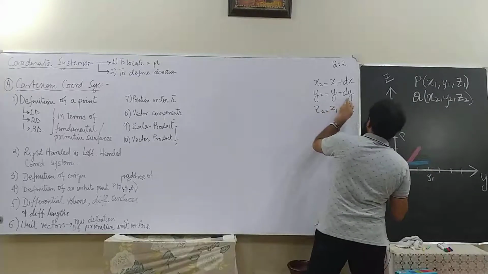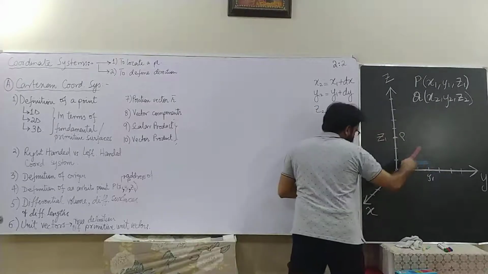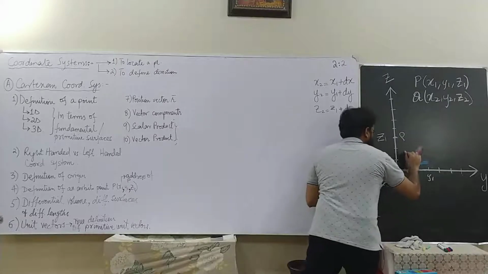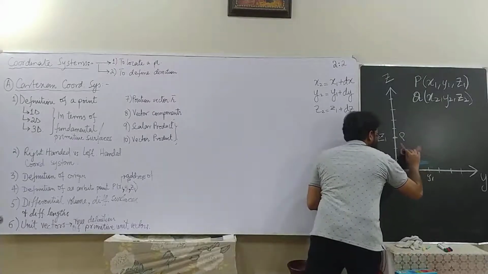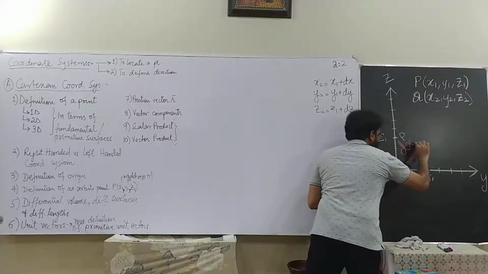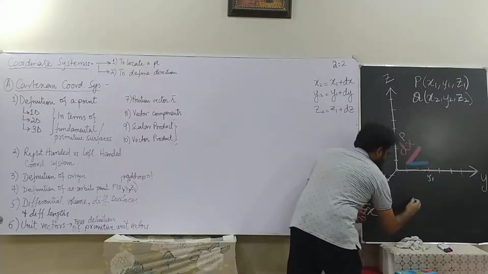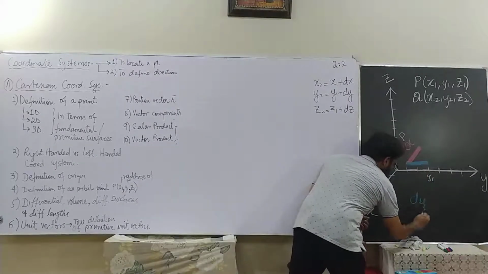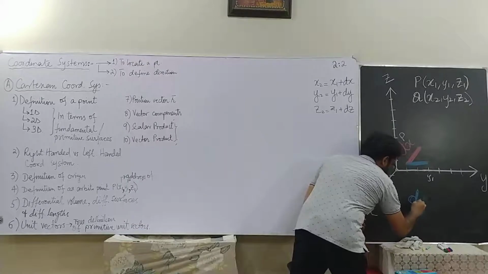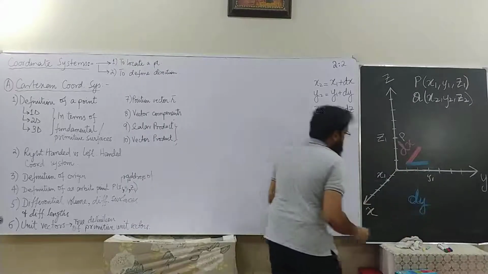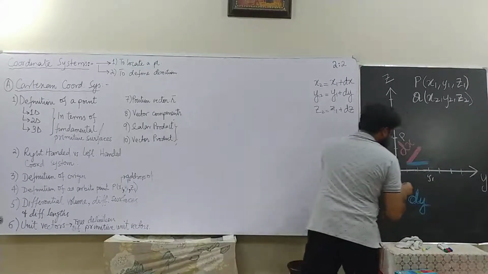That is dy. So the length of this red line is dx. The length of this blue line, I'm writing here, is dy.